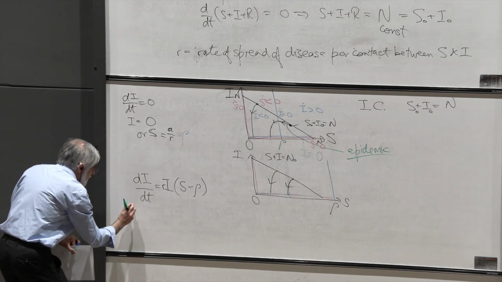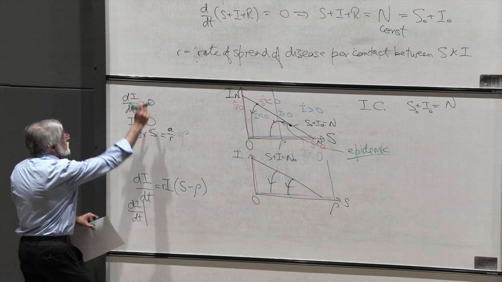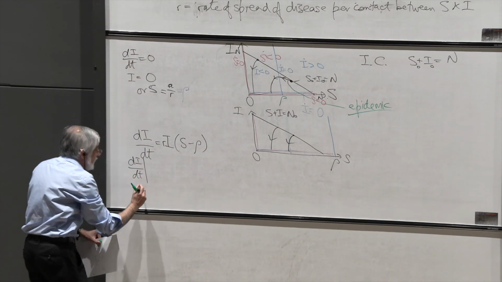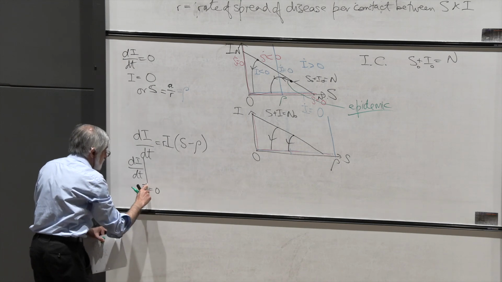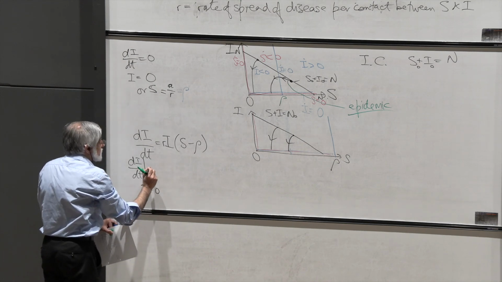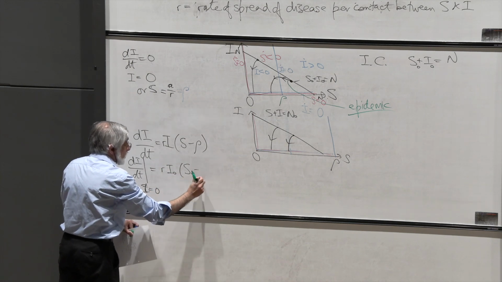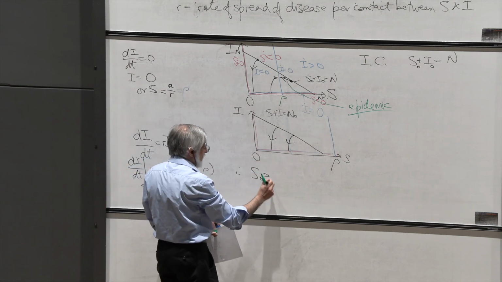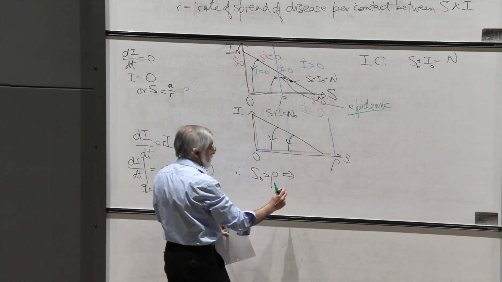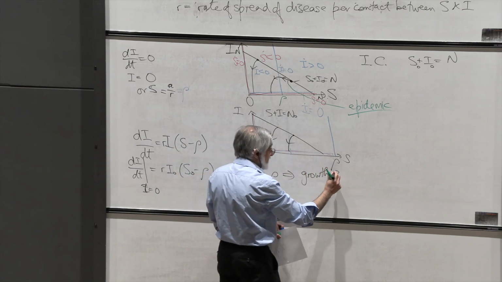And so we see that di by dt at t equals 0 is R I naught into S naught minus rho. Therefore, S naught bigger than rho implies growth, and therefore epidemic.